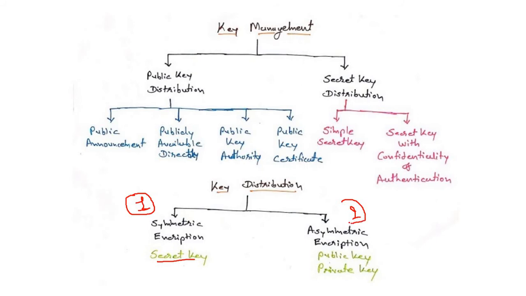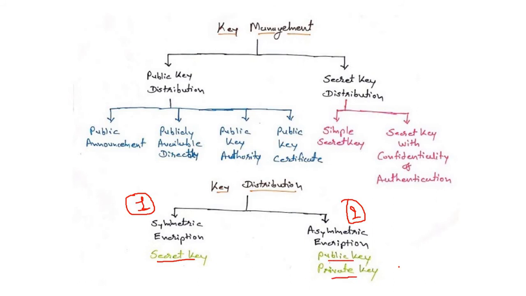Currently we are talking about symmetric key distribution using symmetric encryption, which is case number 1. Second case is symmetric key distribution using asymmetric encryption. In asymmetric encryption, we use both the public key and the private key.